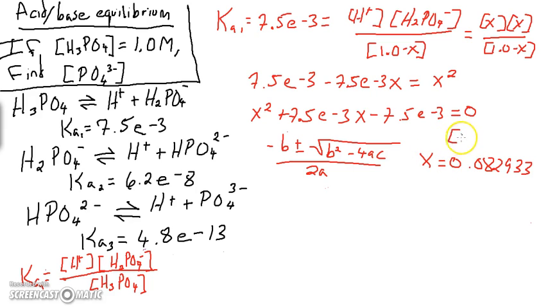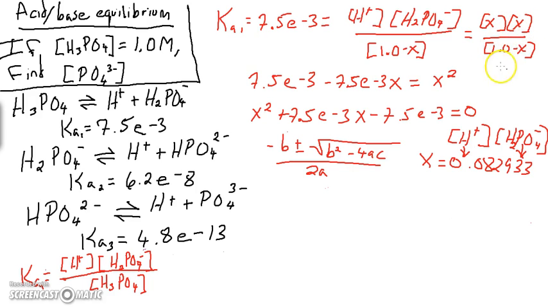So we also know that H plus is equal to that as well. And we also know that my H2PO4 negative is also equal to that, right? Because we solved for x, and we said x is equal to my H plus, and x is also equal to my H2PO4.